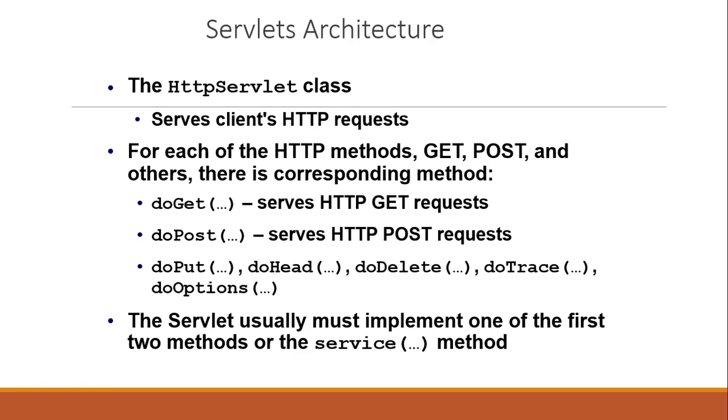And similarly doPut, doHead, doDelete: if you want to insert something in your application, you use doPut. And doHead means on the header side, like as we create headers in our linked list, the same we can create here also. And doDelete means we want to delete something from our application. doTrace means we are tracing, like we are traversing one by one, as we traversed in our linked list to search the data.